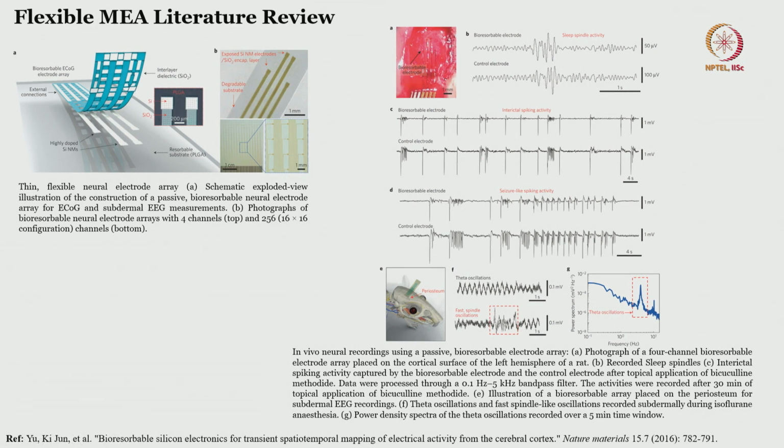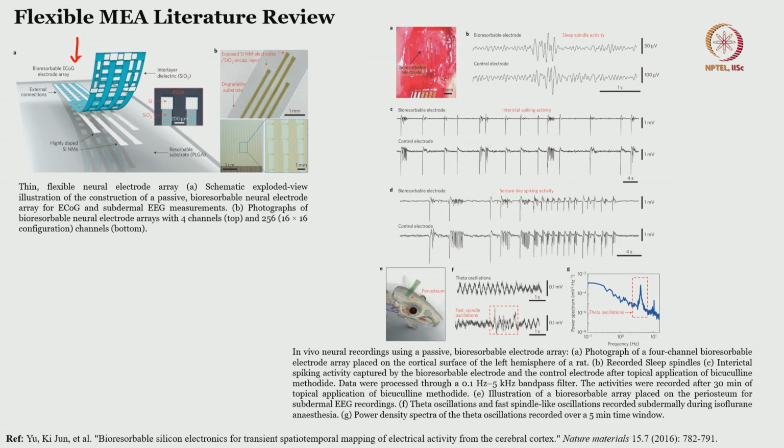What are other flexible microelectrode arrays available in the literature? One of the arrays you can see here is for ECoG measurement. Panel A shows the exploded view, where you can see silicon and SiO2 on silicon, highly doped silicon nanowires or nanowells, and on that a bioresorbable substrate on which it is designed.